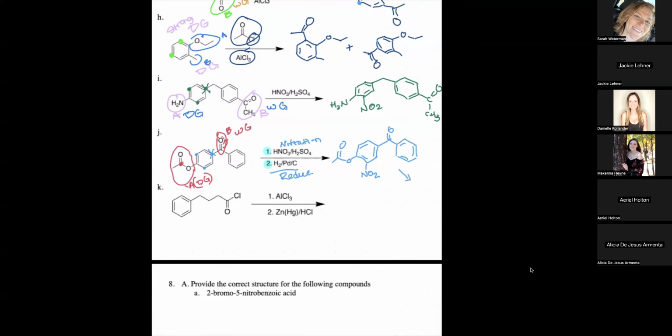So step 2 would be all of this the same, blah, blah, blah, I'm just going to say etc., because the only thing that's changing is this NH2. Okay, I did this backwards, that's why. What is going on?